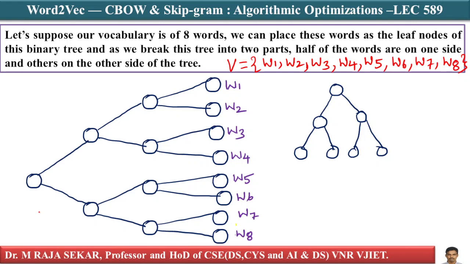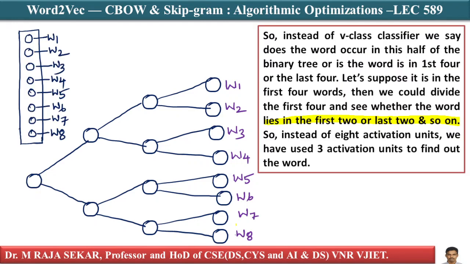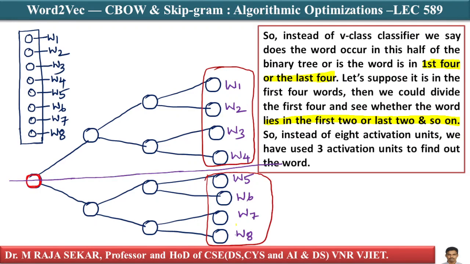So what the first node literally says is, if I break this tree by using the first node, it has half of the words on this side. I am breaking like this. Above this particular line, I have half of the words.